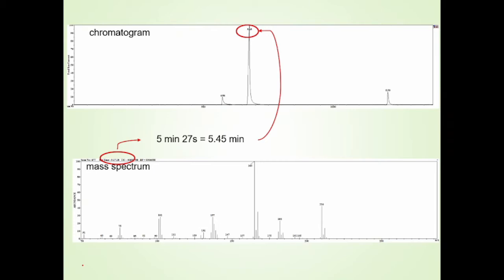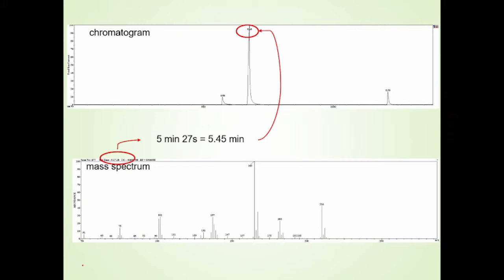It would have 5:27, which means 5 minutes and 27 seconds. Retention times on the chromatogram are reported not as minutes and seconds, but as minutes and fractions of a minute. So 5 minutes and 27 seconds is just shy of 5.5 minutes. 5.45 minutes is also just shy of 5.5 minutes.